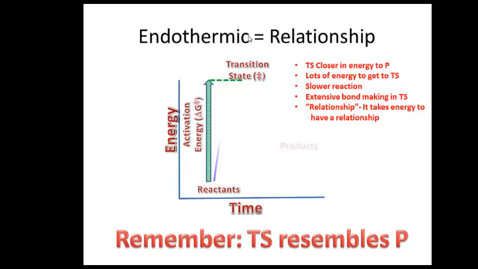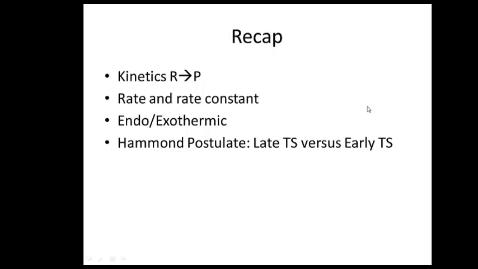Remember, it's a much slower reaction, right? It takes a lot longer, a lot more activation energy to get to the transition state. And so we say that the transition state is late because there's extensive bond breaking and bond making in the transition state. So I liken that endothermic reaction to a relationship because it takes a lot more energy to have a relationship than it takes to have a one-night stand. All right, so hope that makes sense.